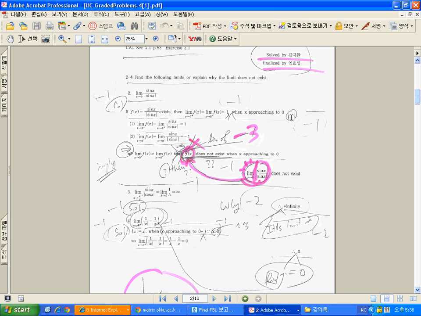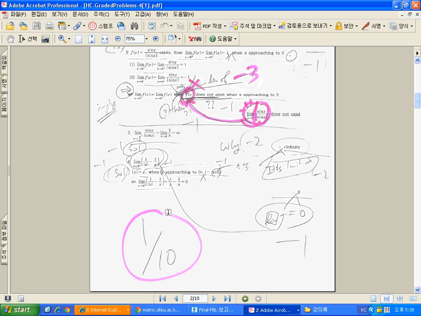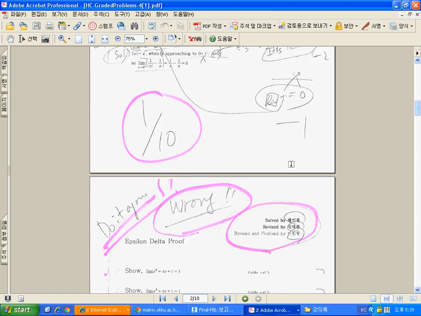You should have a period at the end of the sentence, and this x and the other x's should be the same in the mathematical notation. Also it should have a conclusion. We were asked to find the limit, so the answer should be that its limit is plus infinity. So you should have concrete answers.